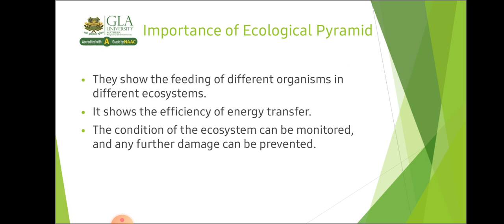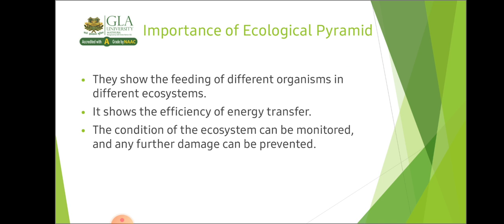Let's look at the importance of ecological pyramid, why it is important for the environment. Actually, they show the feeding of different organisms in different ecosystems, like which trophic level is dependent on which other trophic level for the nutrients for deriving energy.